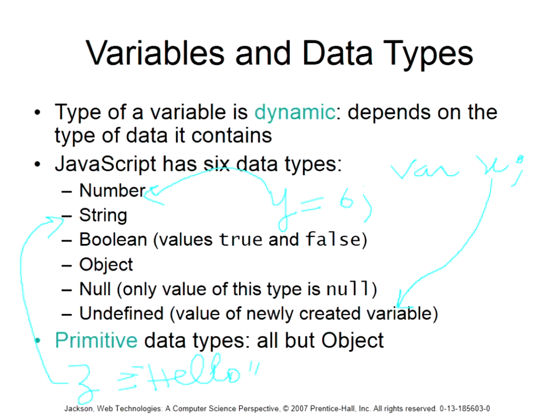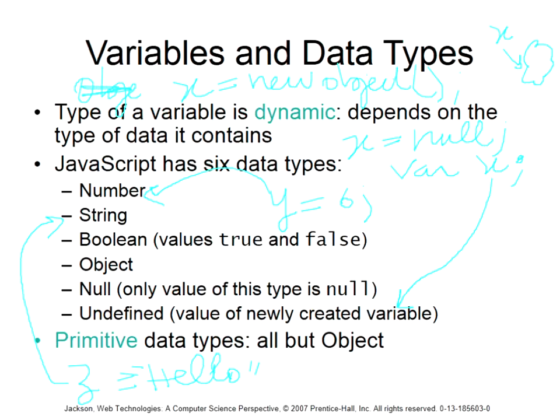For example, I write var x equal new Object, so x is an object. After that, I want to remove this object, so I write x equal null. So in the first one, x is an object, but in the second one, x is a null.